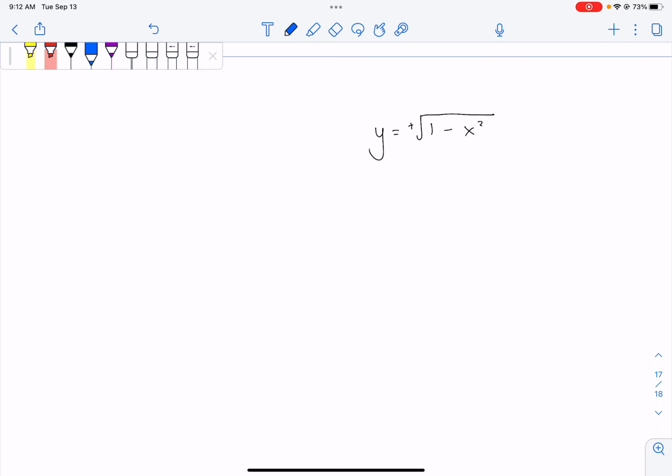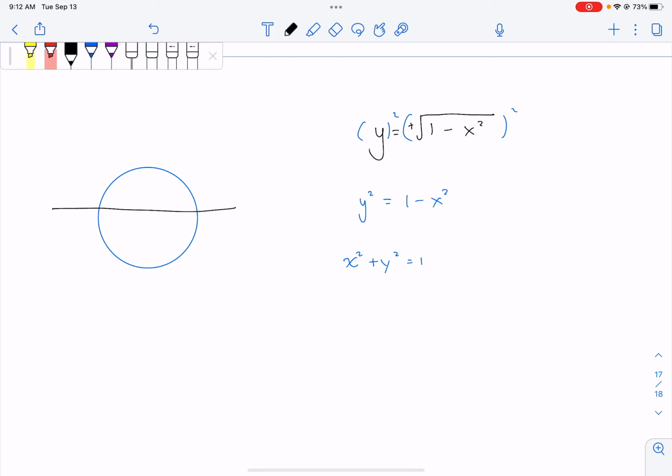But let's go ahead and square both sides. y squared is just y squared, and this whole thing squared is just 1 minus x squared. If you add x squared onto both sides, we get x squared plus y squared is equal to 1, which is what we had before, that unit circle.